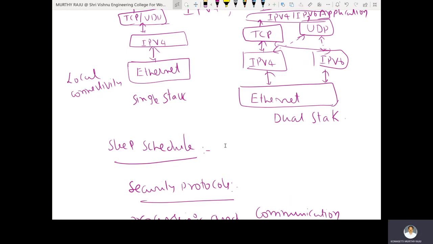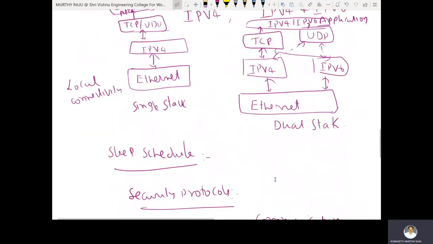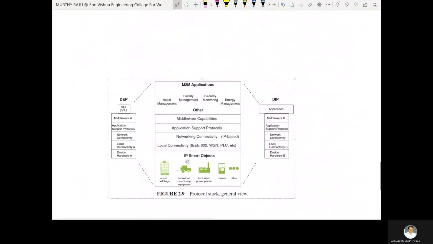Therefore, we should follow the sleep schedule: normal mode, active mode, and rest mode. Security protocols. The devices are open in IoT applications. Anybody can access the device's information. Suppose some important information is there, at that instant we have to protect that information by using security protocols. Final one is processing and communication bandwidth.